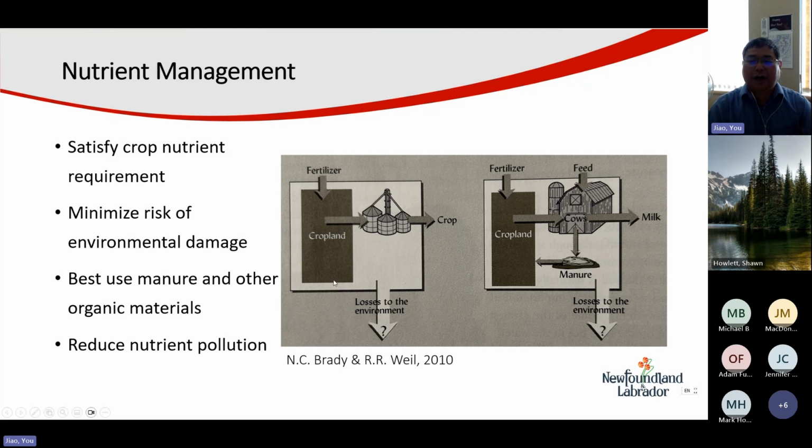This picture shows, on the left side, the crop farm. We have the fertilizer to meet the crop requirement, and the crop is harvested for the grains. Basically, we grow the crop to get the yield. Also, the fertilizer efficiency of what is put on the cropland is not 100%.